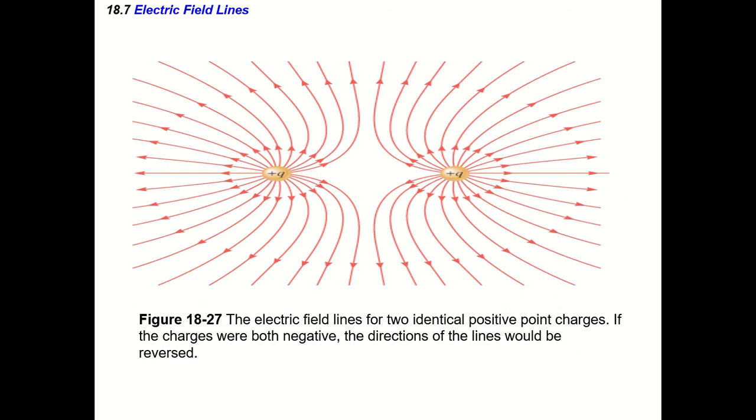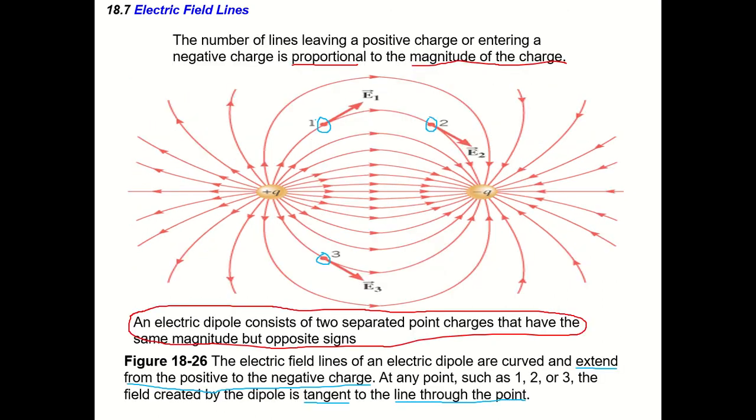Here is the opposite. In this picture, we have positive and negative, two charges of opposite sign, so these are the dipole.